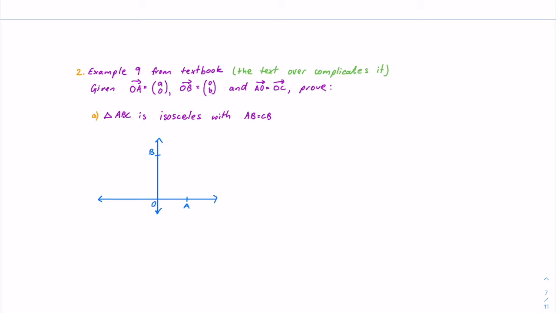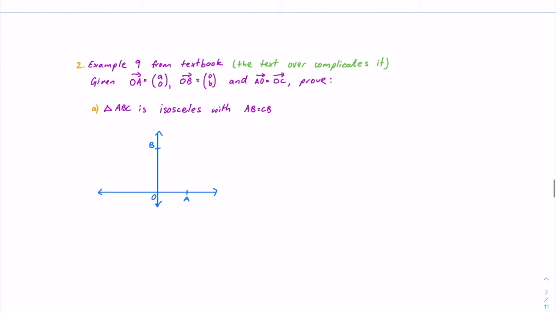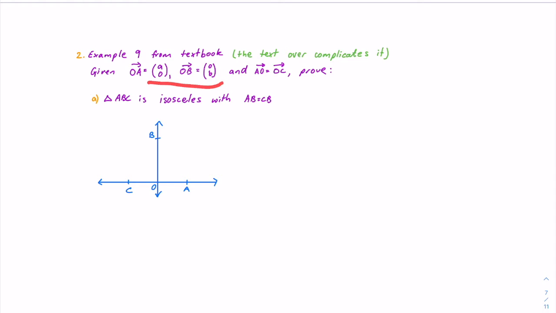I've sketched the location of A and the location of B based on those vectors, treating them as radius vectors. Now, the first thing we want to look at is where is C? Because AO, that vector, is equal to OC, we know that C goes over there. And we can write it in this column matrix form as well.